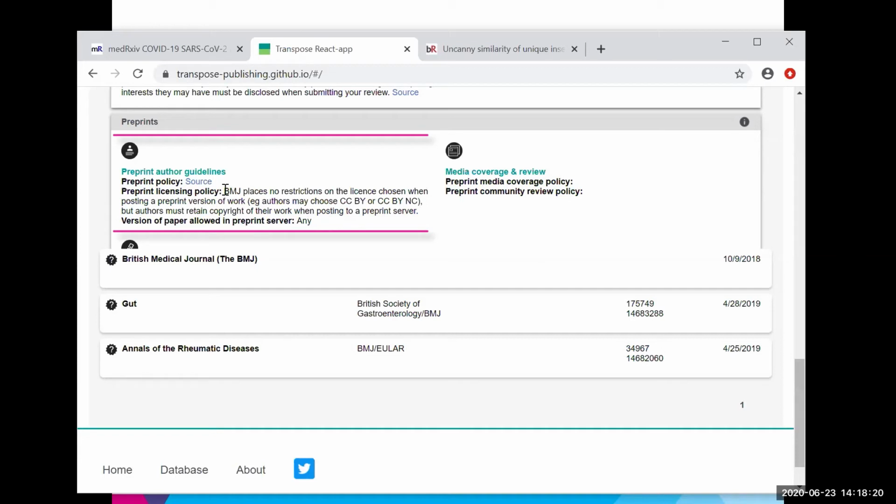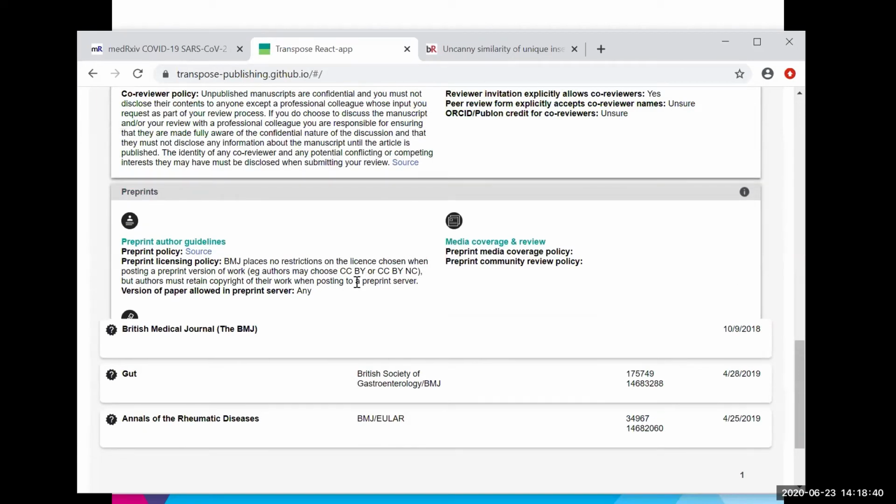And in fact, they are okay with you licensing it under a Creative Commons license. So these are two, CC BY and CC BY NC are two different Creative Commons licenses. They're okay with that as long as you retain copyright of your own work. So that's a pretty nice policy. And after that, if you would like to publish with them, you can indeed submit that preprint to them.